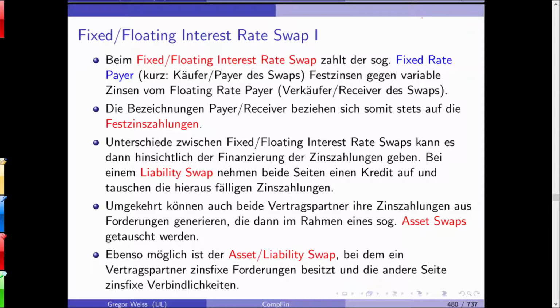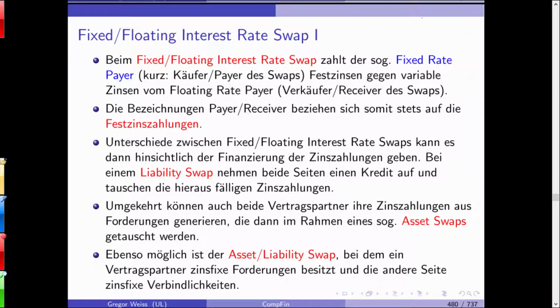Okay. Now, interest rate swaps can be further differentiated according to the origin of these payments. Usually you will enter a swap contract because you are receiving or paying fixed or floating interest rate payments. In some cases you have an asset that pays out interest rates.